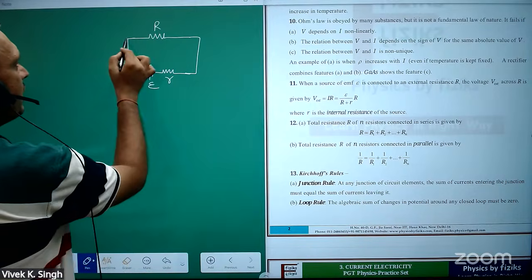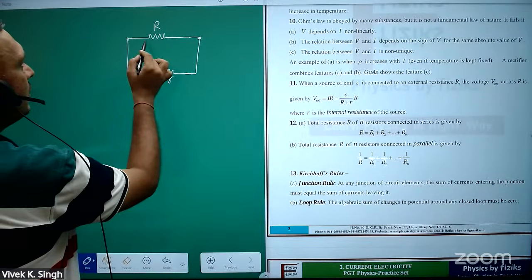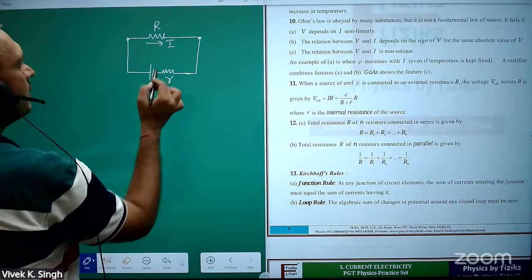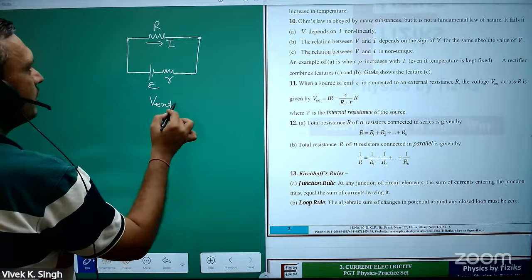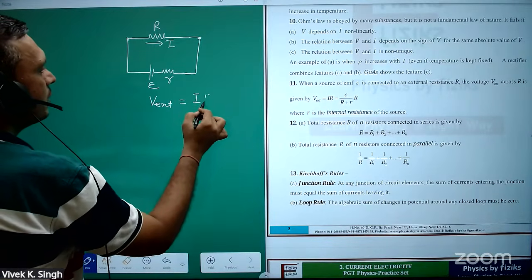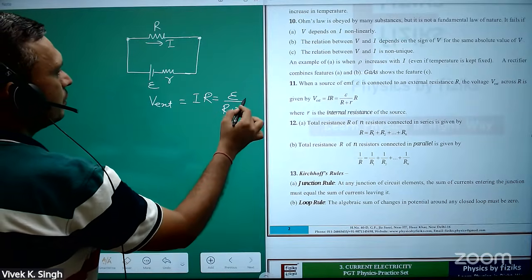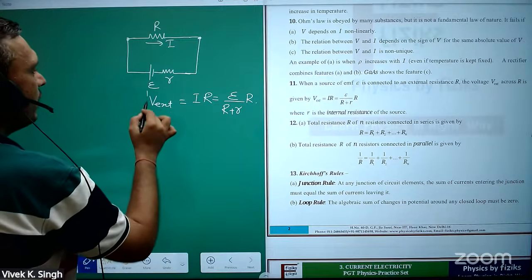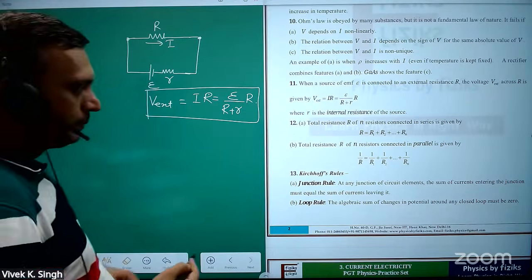EMF is the voltage when the terminals are open. So this current is I. So V external is given by I into R, and that is given by E by R plus r into R, where small r is the internal resistance of the battery.